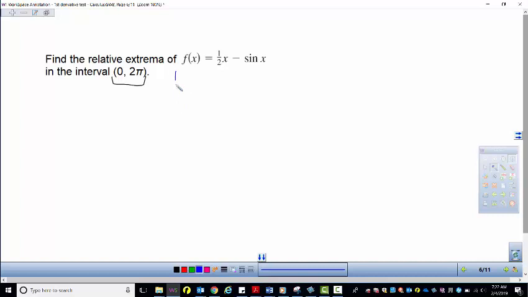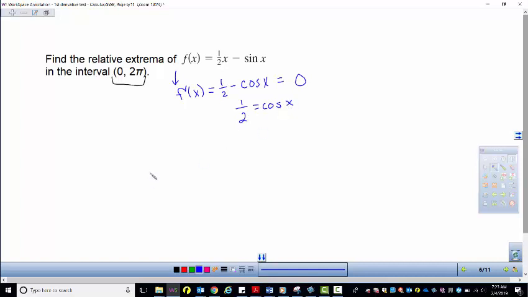And then we want to take the derivative. So the derivative of 1/2 x is 1/2, minus the derivative of sine, which is cosine. And you set that equal to 0. So 1/2 is equal to the cosine of x.